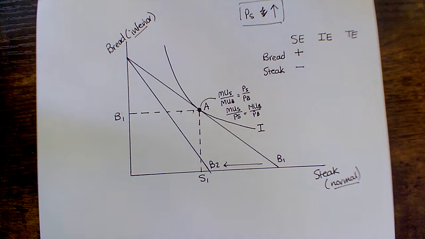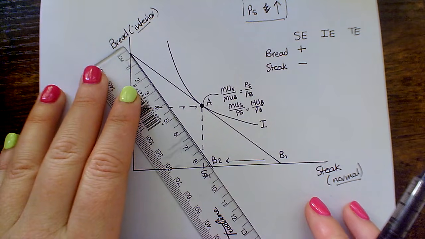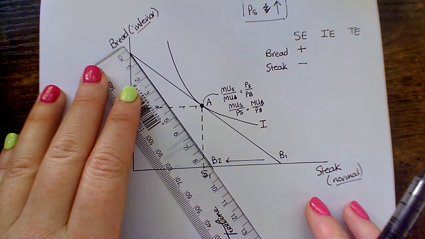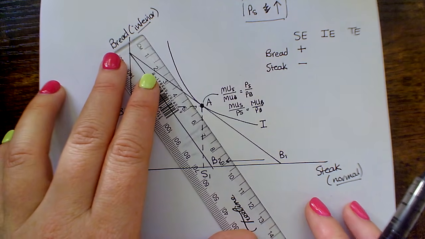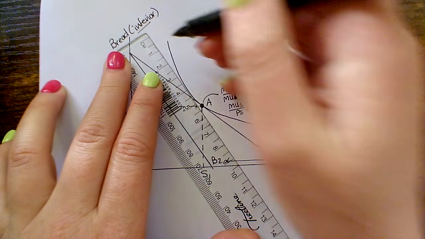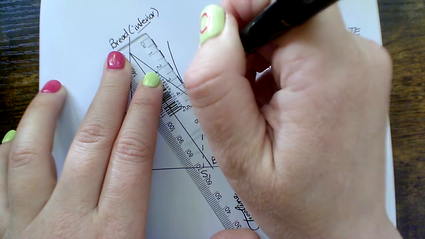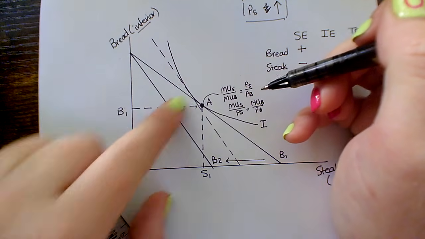We can confirm this by showing that under our new prices represented by the slope of the new indifference curve B2, if I push that outwards until it meets my original indifference curve, and I draw in this hypothetical income change.